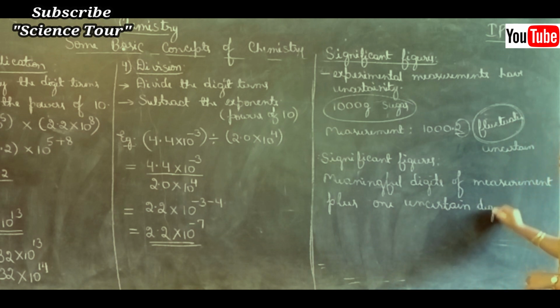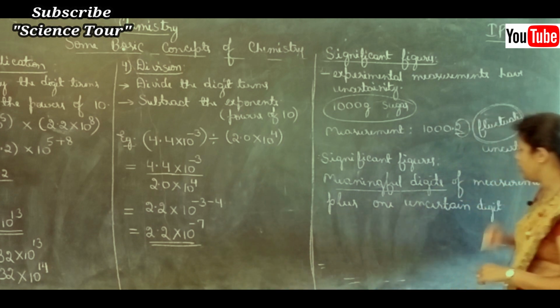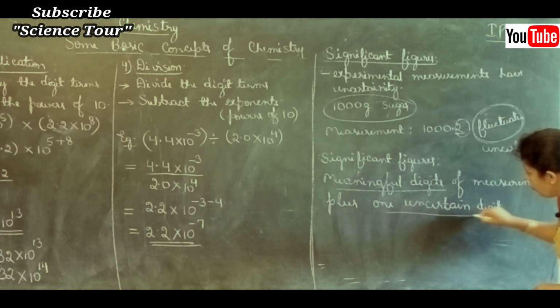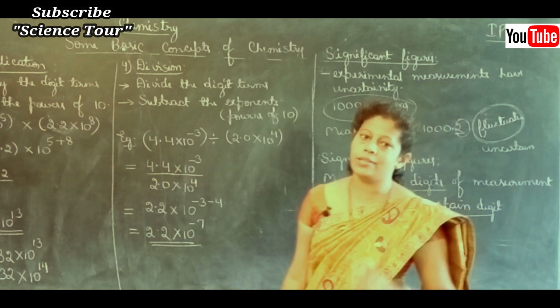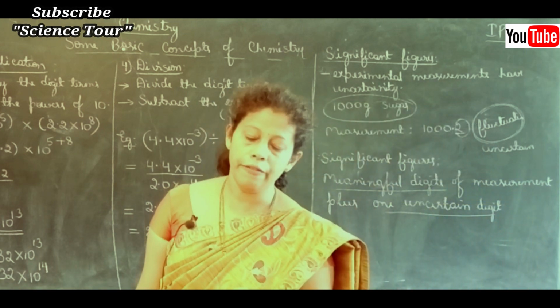So significant figures are all meaningful digits including one uncertain digit. Meaningful digits plus one uncertain digit is significant figures.